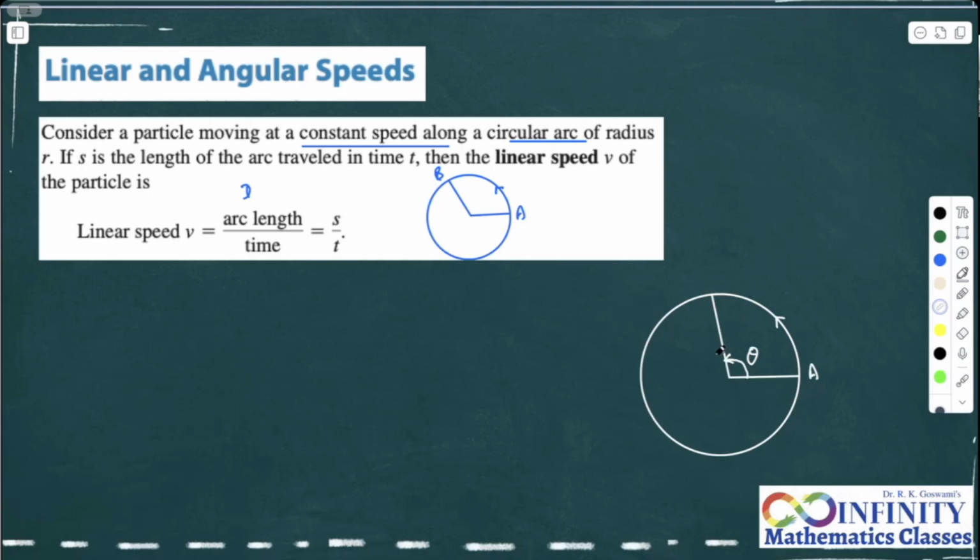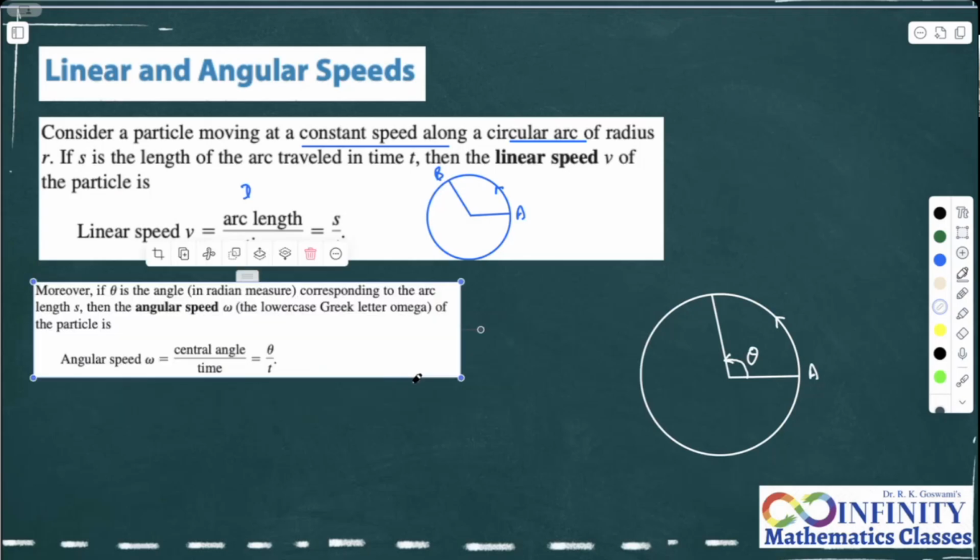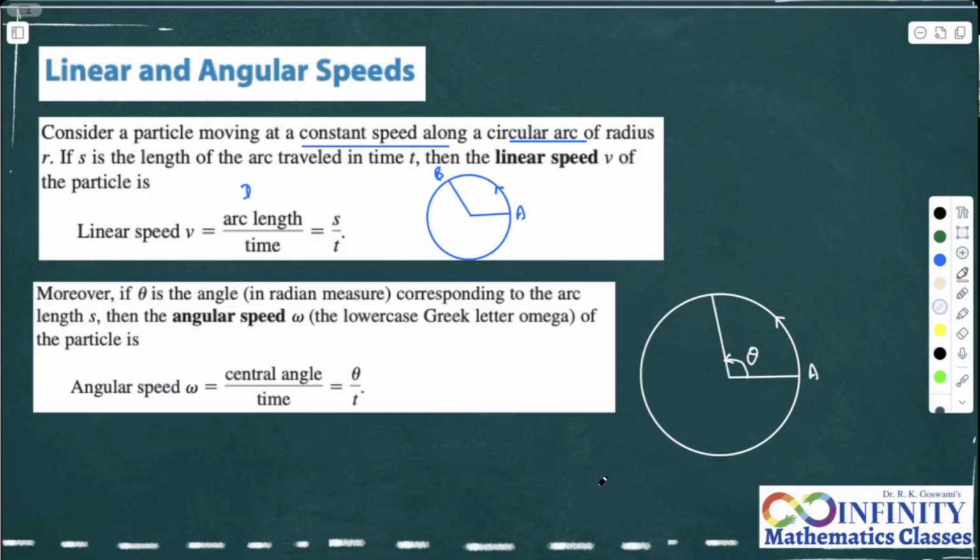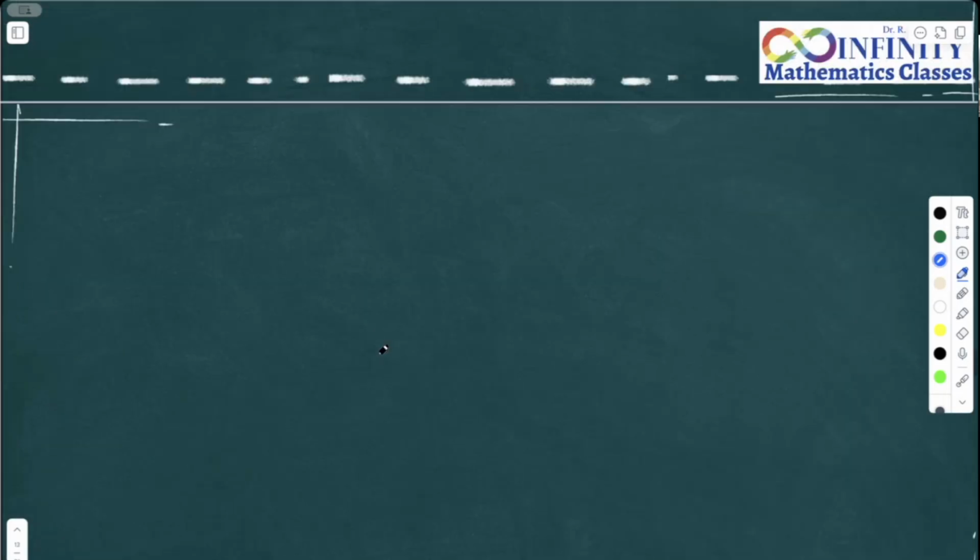This rate of change of angle is going to be your angular speed, and it is denoted by the central angle theta divided by t. So there are two types of speed you should know. Linear is going to be s over t. Angular is going to be theta over t. In both the cases, the speed is going to be constant. We are assuming this.